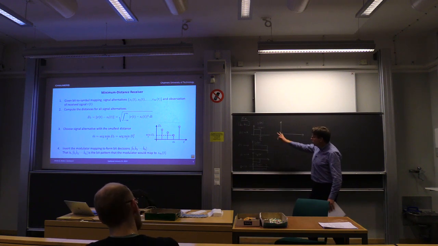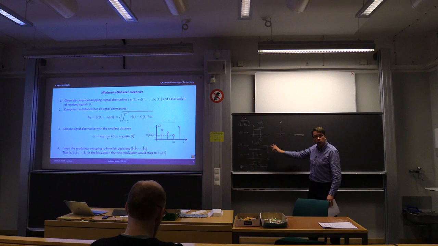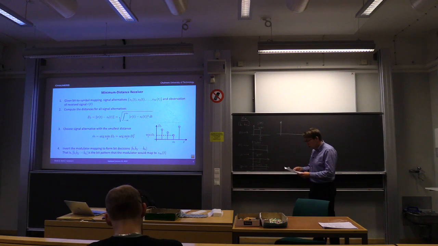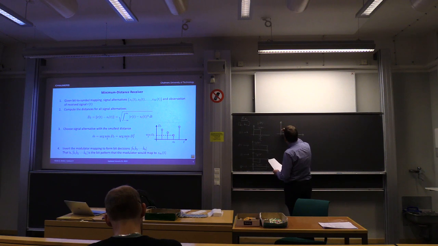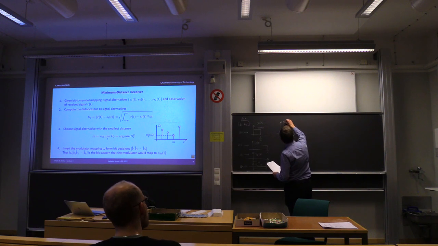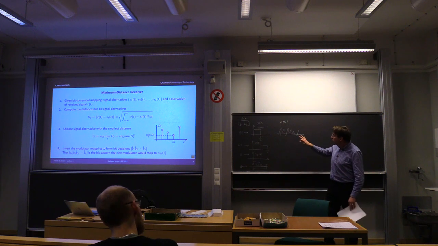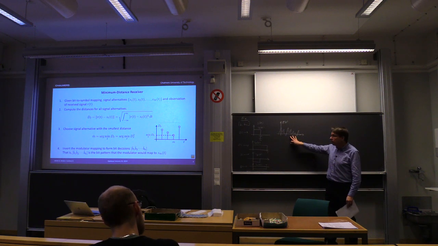This is what we know. This is something which is part of the design, so this is known to us. And now comes the observation here. Okay, so this is the received signal. Our task now is to look at the received signal and decide what bits we think were transmitted.